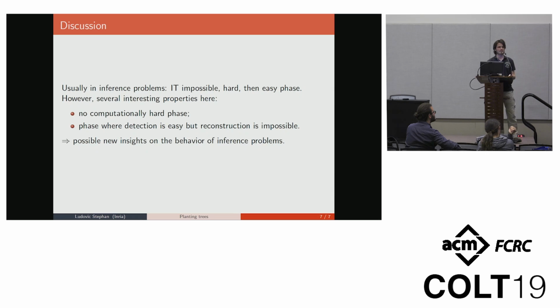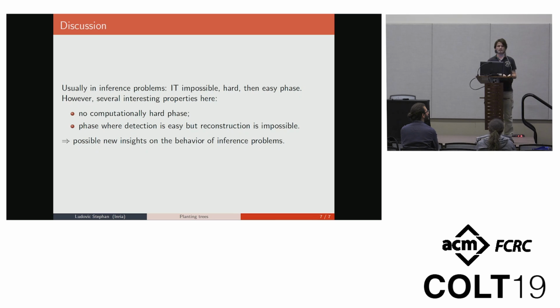First, there is absolutely no computationally hard phase, which means that as long as we prove that detection or reconstruction is possible, then immediately we have polynomial algorithms that can perform the task.